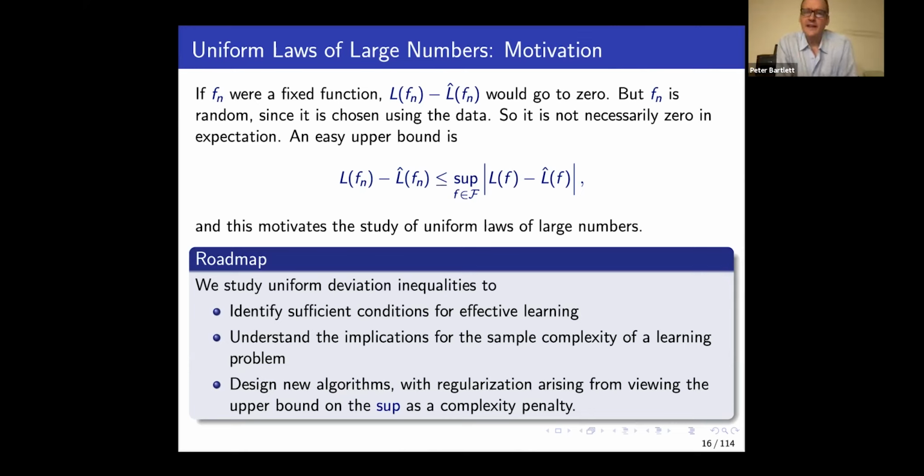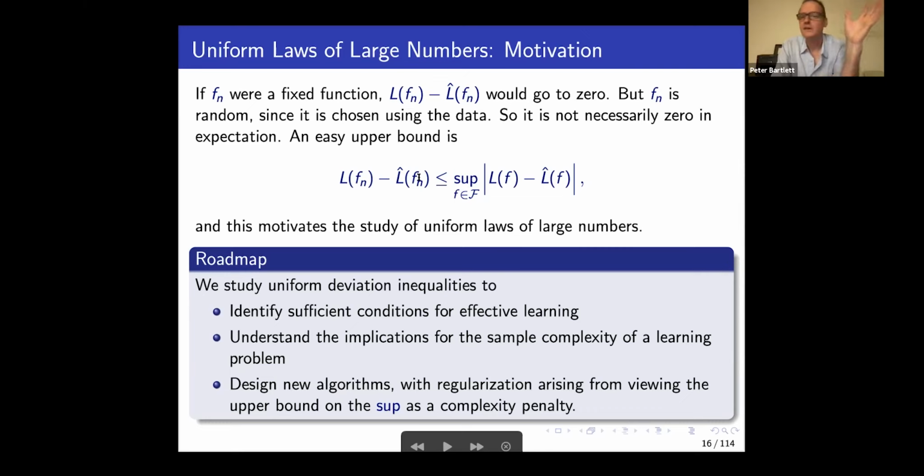Okay, so how do we deal with that? Here I'm going to write down a very simple inequality. It seems really very, very loose, and we'll have something to say about that looseness a little later. But an easy upper bound on this deviation between the expected loss, the risk of Fn, and the empirical loss is the supremum over the class of the difference between these expectations and sample averages.